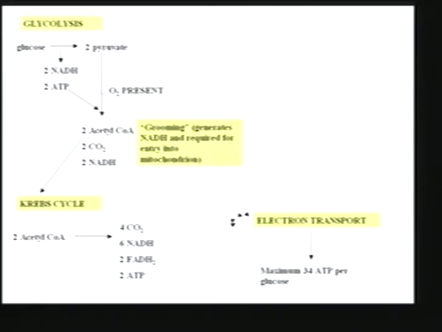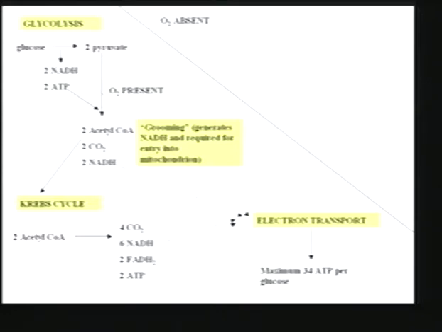Okay, so obviously it's a fairly complicated process if oxygen is present, but boy, the payout's big compared to when oxygen is absent. Now, not all cells can do this. Not all cells can operate in the absence of oxygen. Some actually are poisoned by oxygen and cannot have it around. But most cells use oxygen.